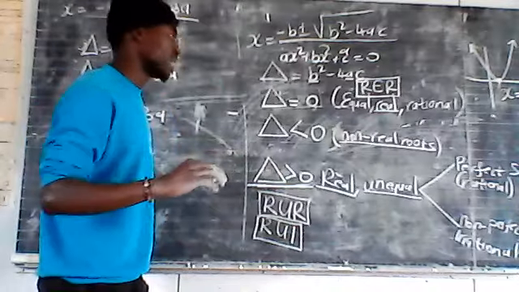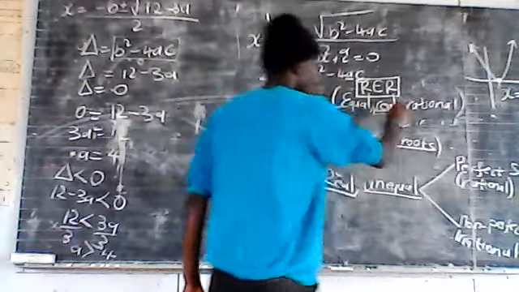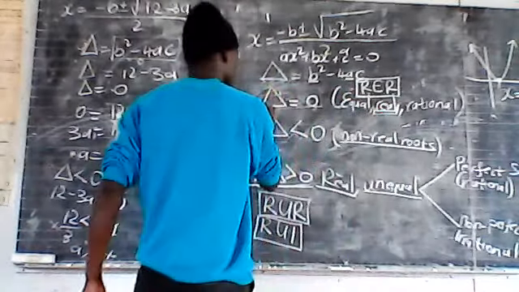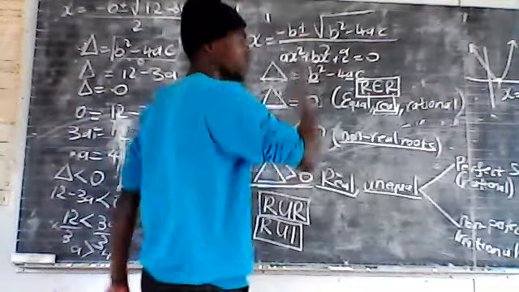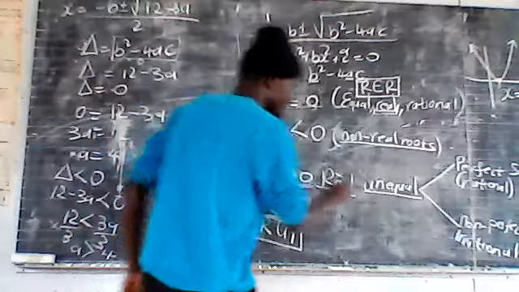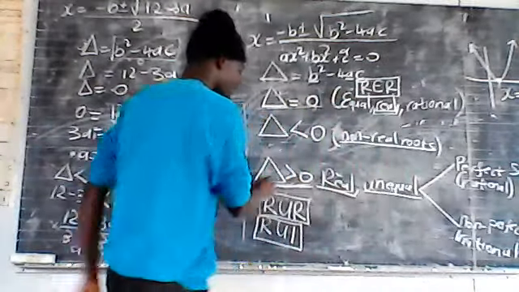When they say real, remember that we mentioned real in two places. We talked about real roots when our delta is equal to 0, and we also talked about real roots when our delta was greater than 0. Remember? They are both real.